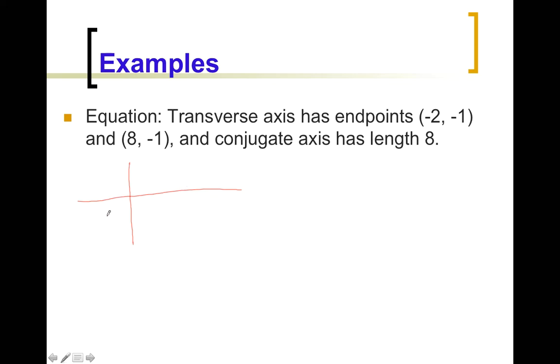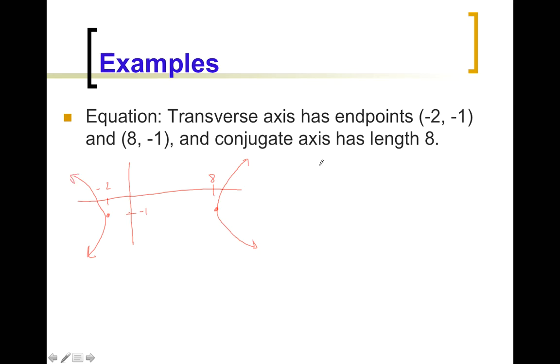So at (-2, -1) and at (8, -1), I have 2 points. When they tell you the transverse axis, that means these are my 2 vertices. And since they are left and right from one another, that automatically means I go left and right.